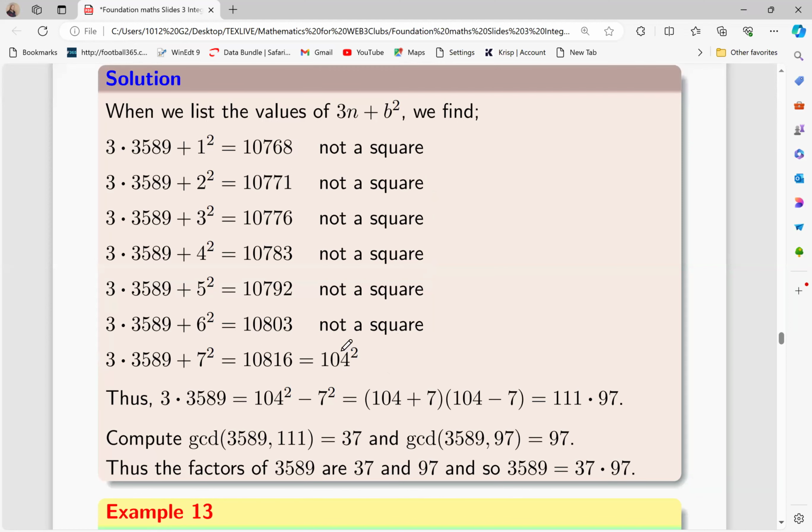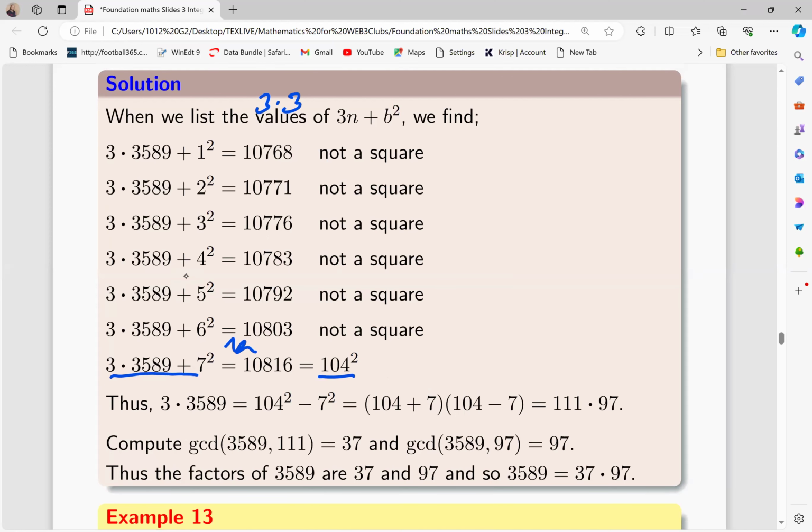Okay, so we had reached here. That is 104. So from this point, this is what we have on the left side. The left side, we have 3 multiplied by 35,89. Then we are adding there.